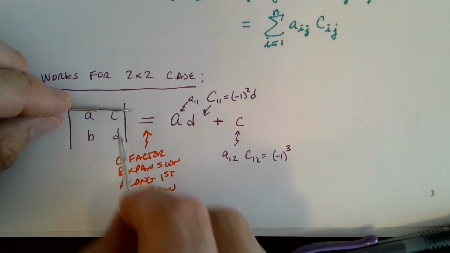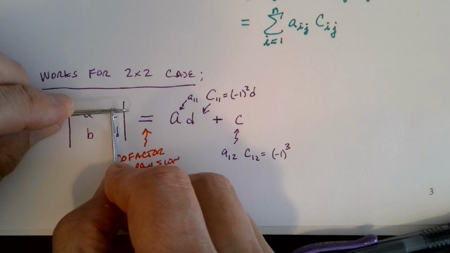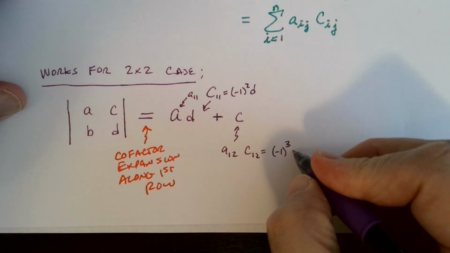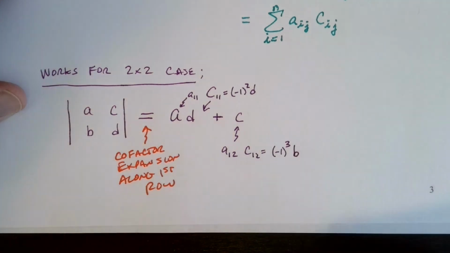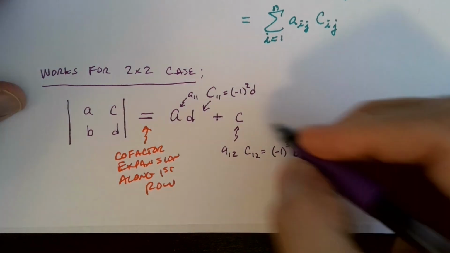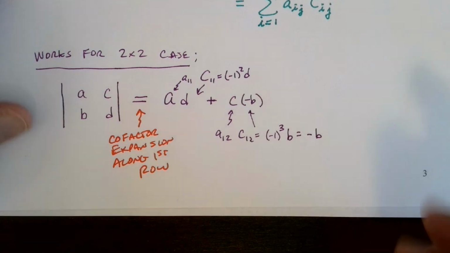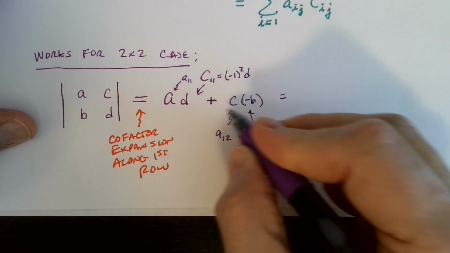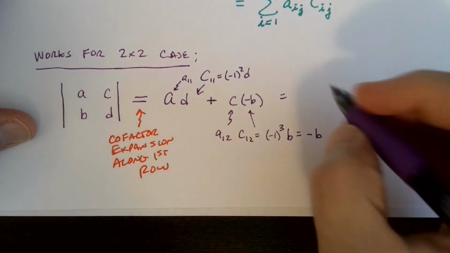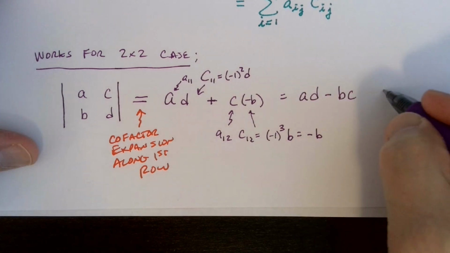Take out C and the row and column C is in, and we're left with the 1 by 1 determinant B. So the determinant is B, so the minor is B. And negative 1 cubed is a negative number, so we get negative B. So what is this then? AD plus C times negative CB, or negative BC. AD plus a negative BC is AD minus BC.